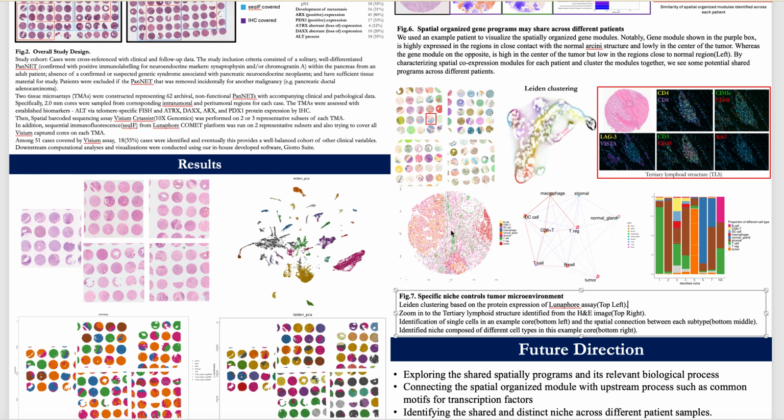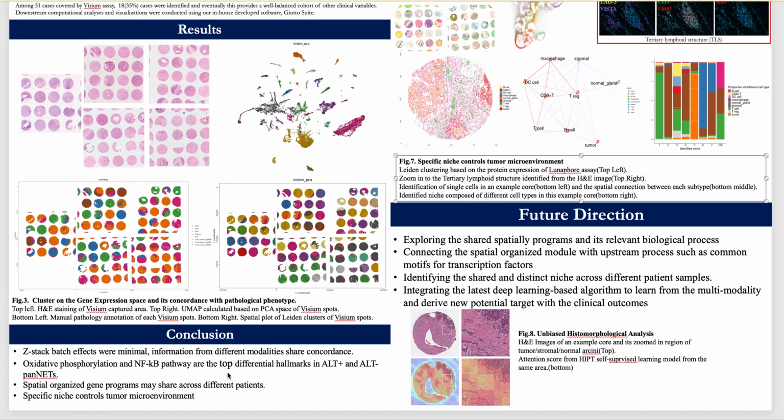And we can then pull out a single-cell expression data set in this example core and label that into different cell types. And we can use spatial distance to map the spatial connection between different cell types. In addition, we can also identify niches within a certain region composed of different cell types in this example core.